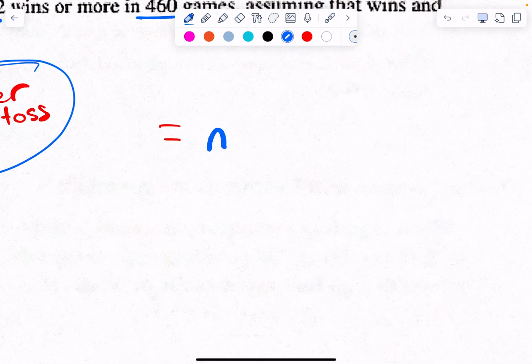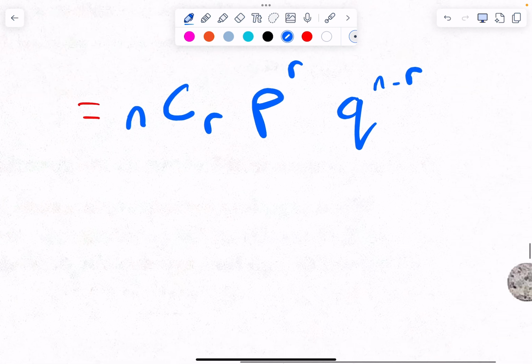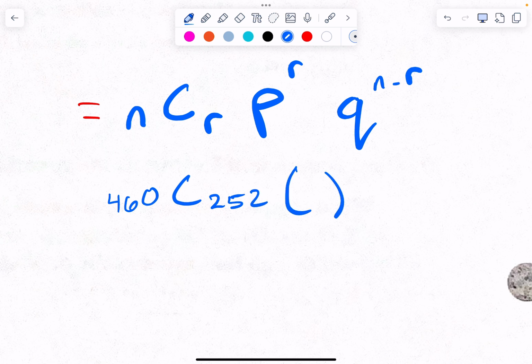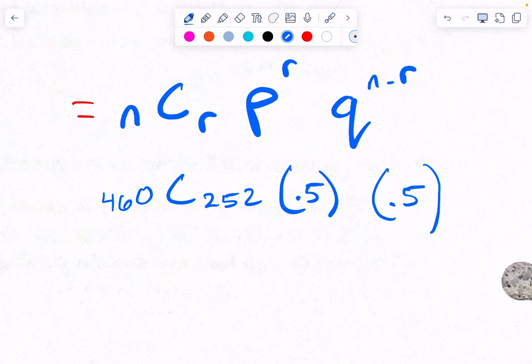So we do nCr p^r q^(n-r). n is 460, r is 252. What's p? There's a p and a q, 0.5. p and q are the chances of winning and losing, and they're saying they're equal chances.